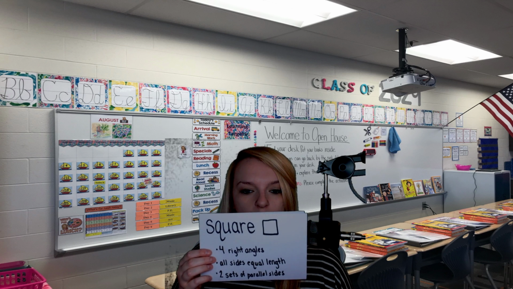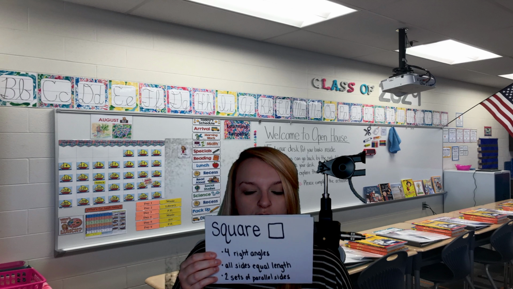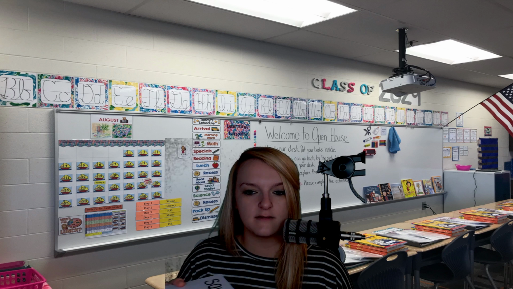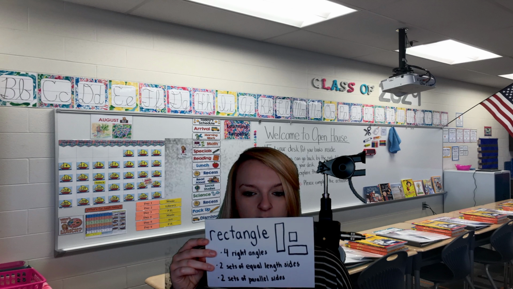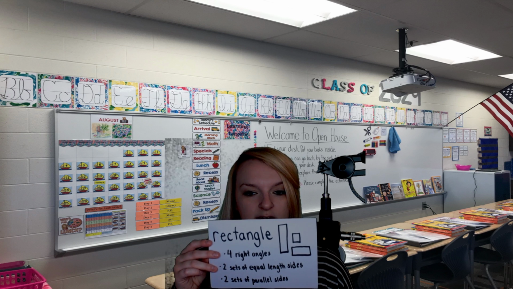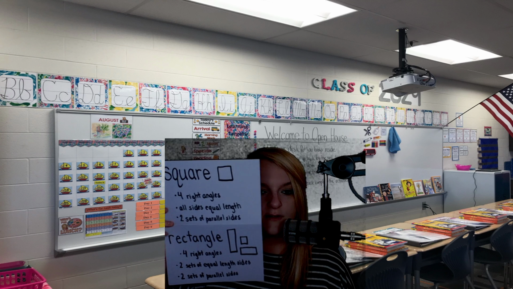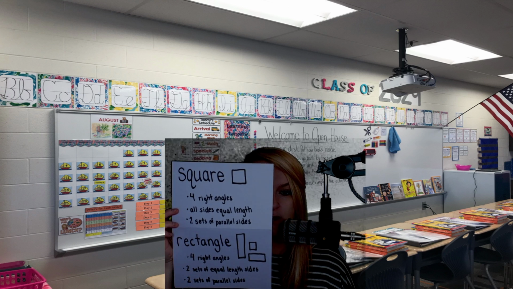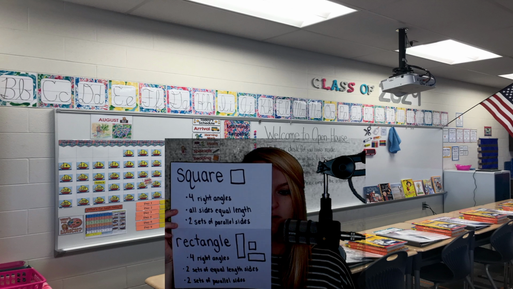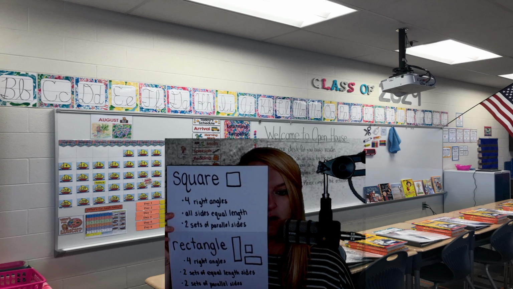Squares, 4 right angles, all sides are equal, 2 sets of parallel sides. Rectangles, 4 right angles, 2 sets of parallel sides, but only 2 sets of equal length sides. So remember the difference here. All squares are rectangles because they have 4 equal sides, but that does count as 2 sets of equal sides. Not all rectangles are squares.